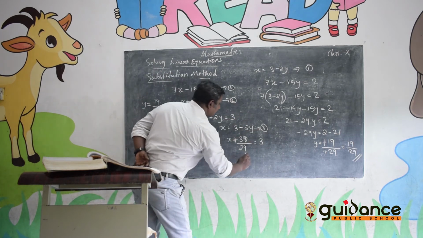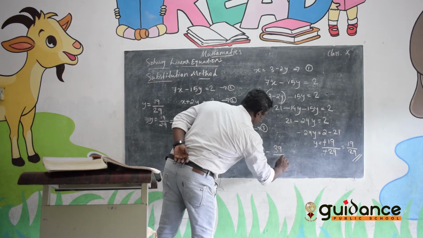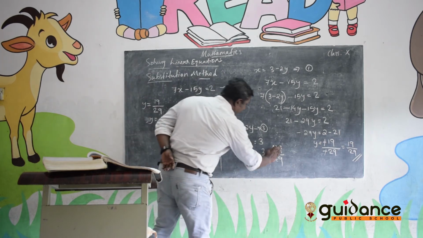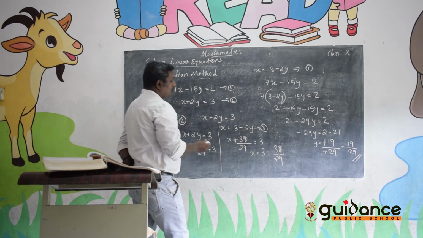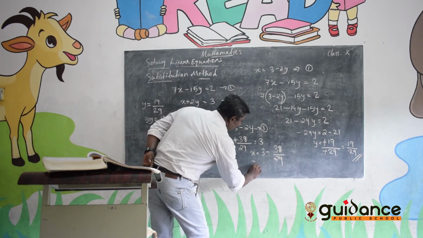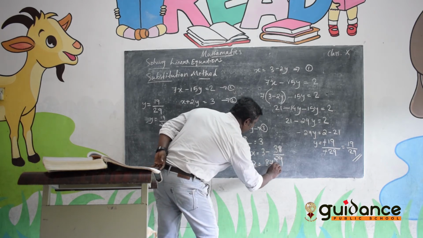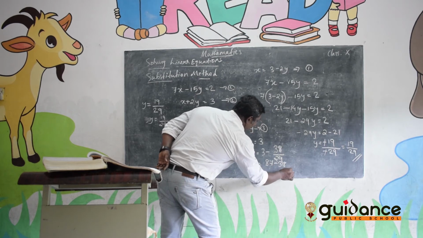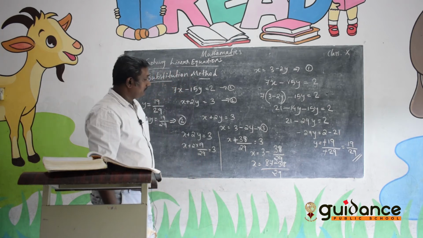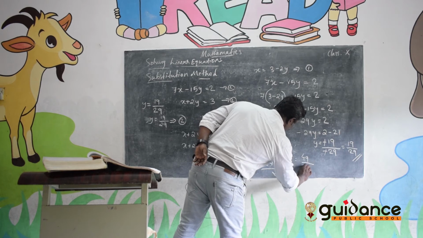We bring that to the right side, x equal to 3 minus 38 by 29. Then we solve this. x equals 29 into 3, that is 87, minus 38, over 29, that is 49 by 29.